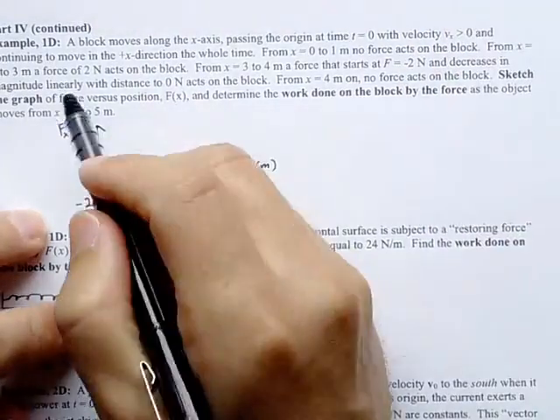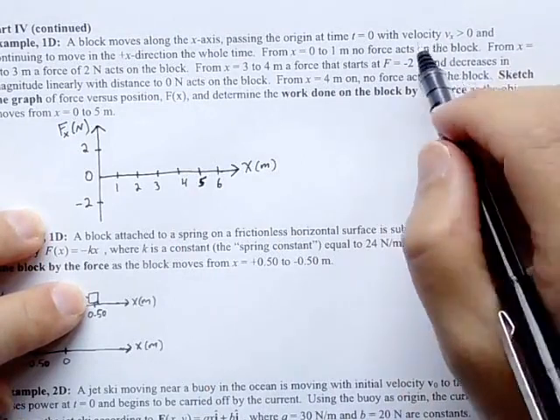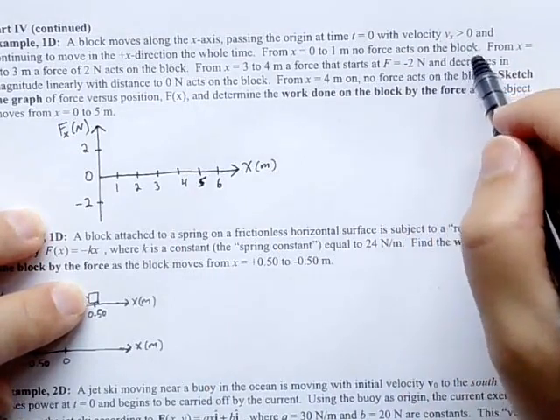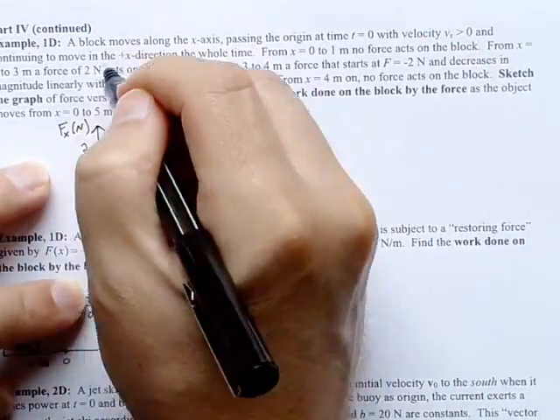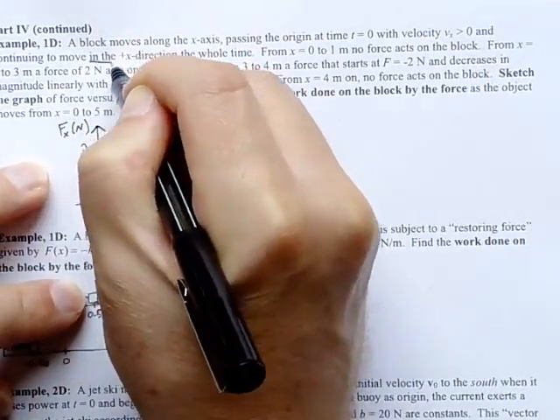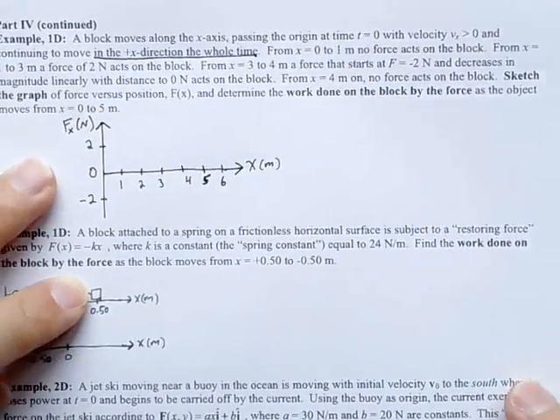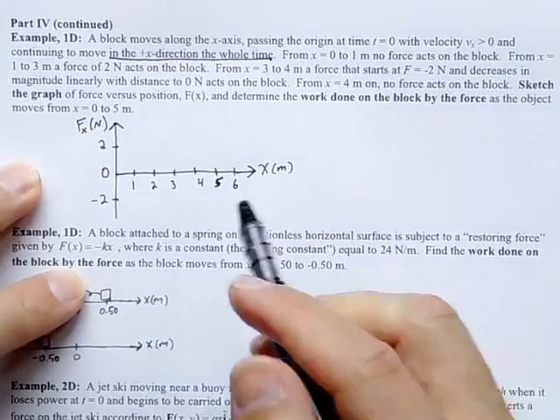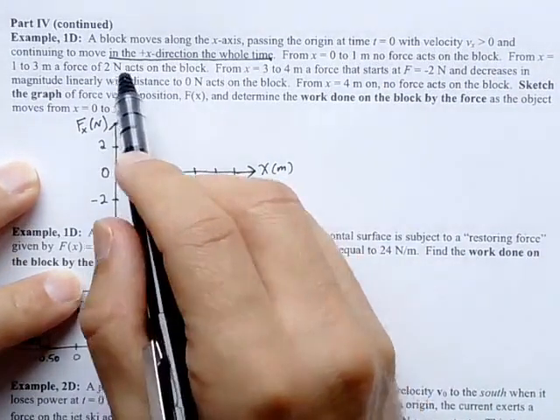A block moves along the x-axis, passing through the origin at time 0 with some positive x velocity, and continuing to move in the x direction the whole time. That's important. Moving in the positive x direction the whole time. So it never turns around. That makes our path particularly simple. We don't have to worry about reversals on the path. We're moving just in the x direction the whole time.